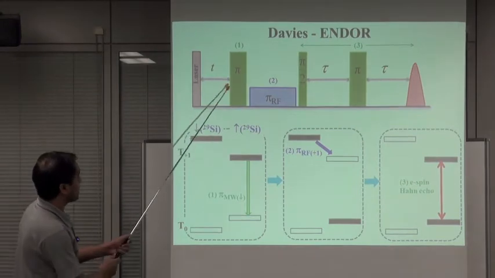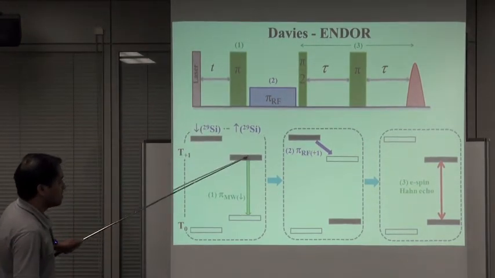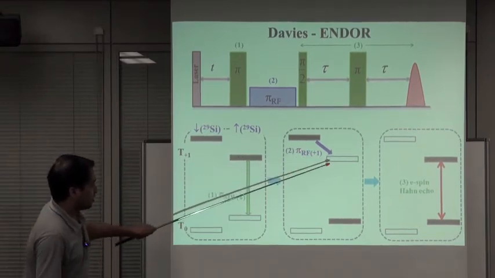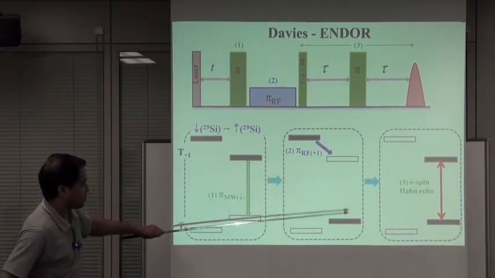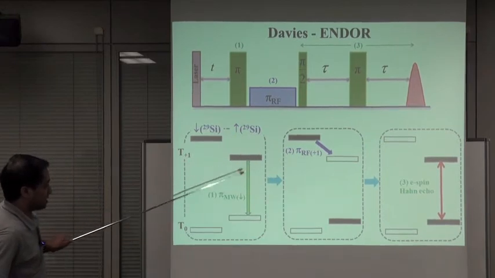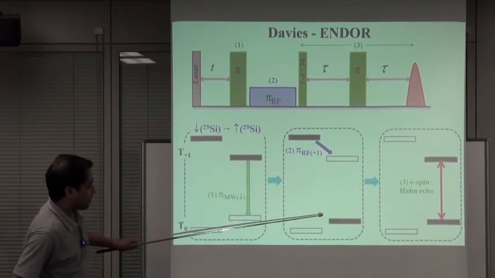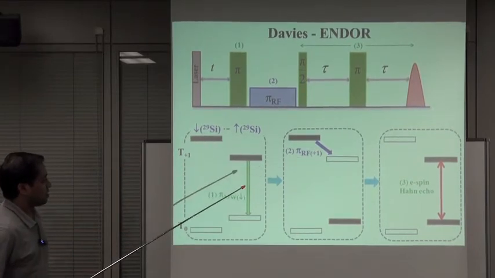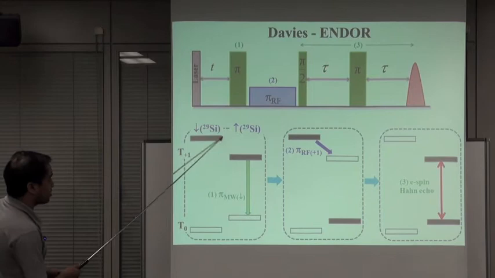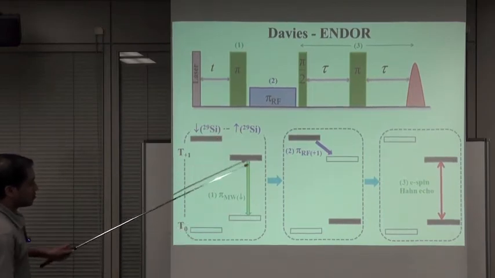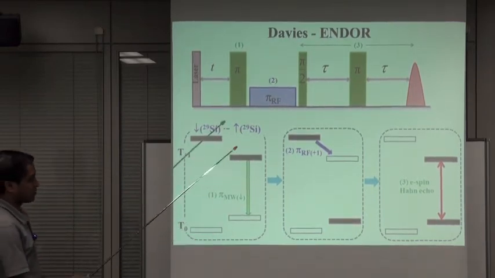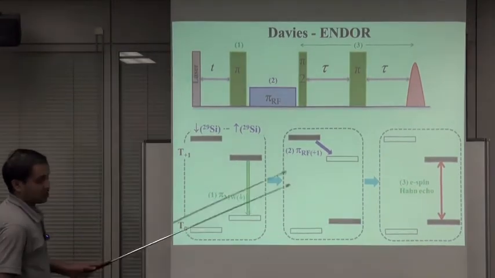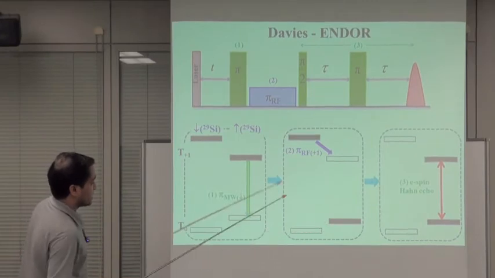Now we apply a pi microwave pulse between the electron levels, so we flip the populations from here to here. Now we have a highly polarized spin system in these levels, as compared to before, where there was no polarization here. Only the electron spin levels were polarized, but after the pi pulse, we have created polarization between the nuclear spin states as well.